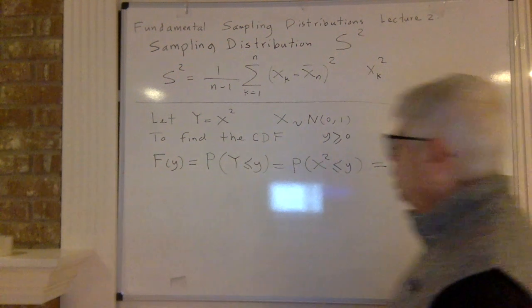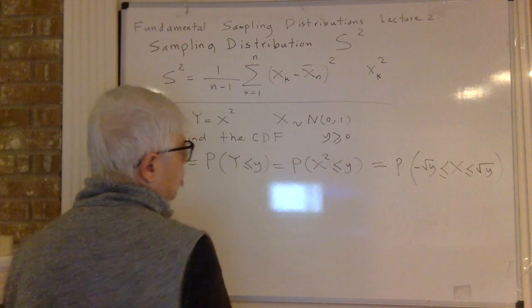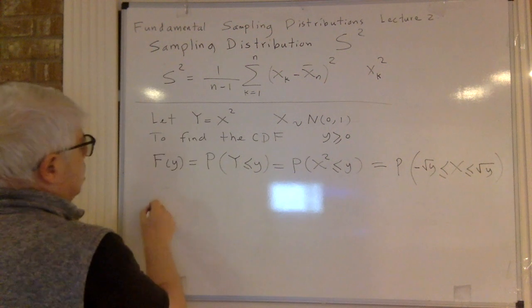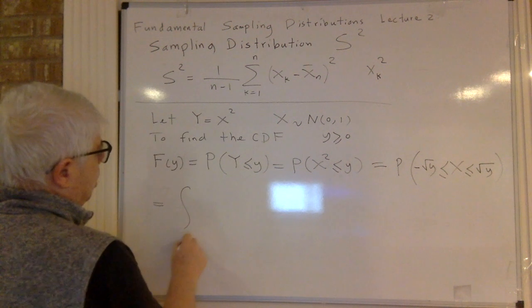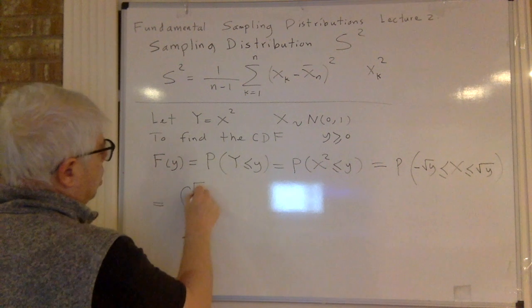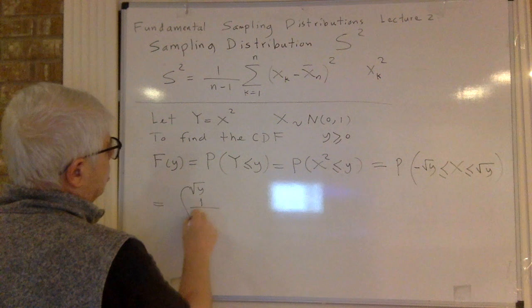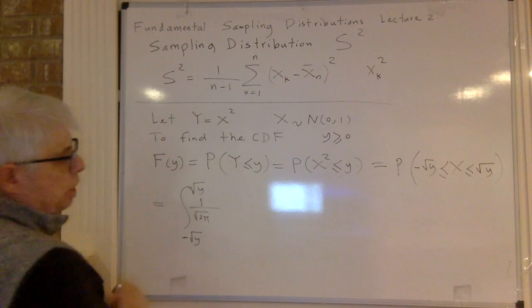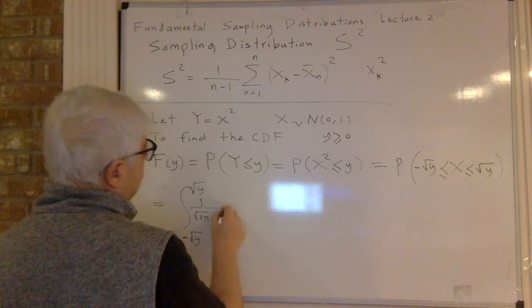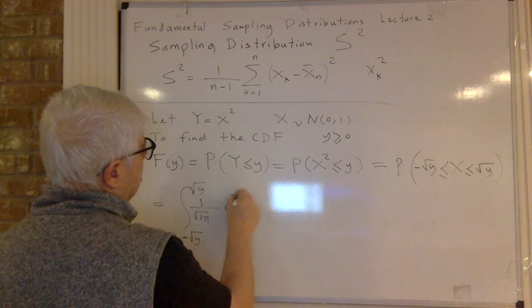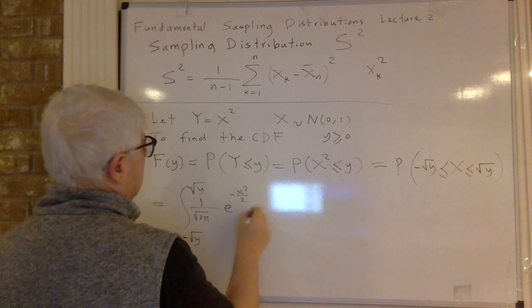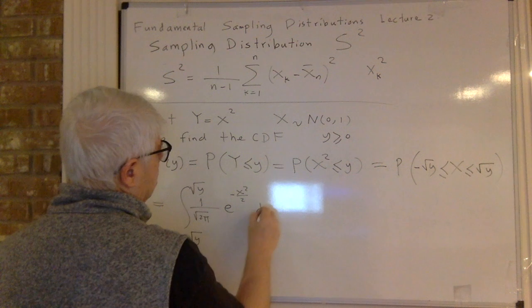Okay? But x is standard normal, so this probability is in fact the integral from minus square root of y to square root of y of 1 over square root of 2 pi, that is the PDF of x when it is standard normal, e to the minus x squared over 2, dx.